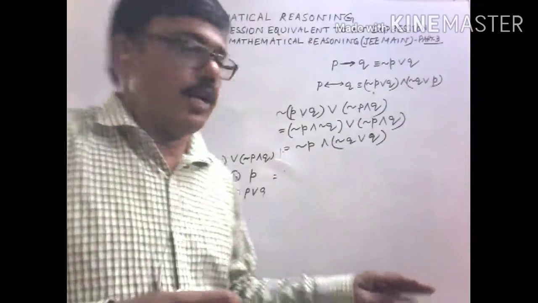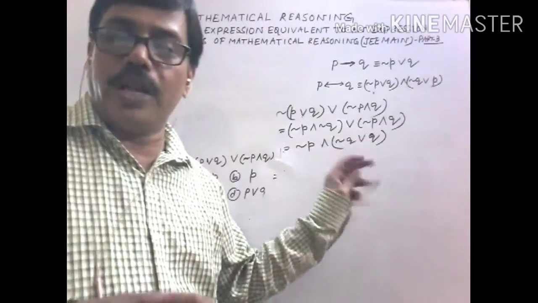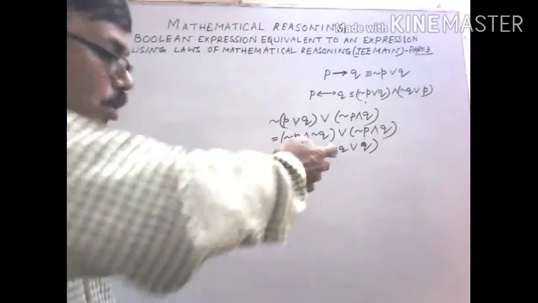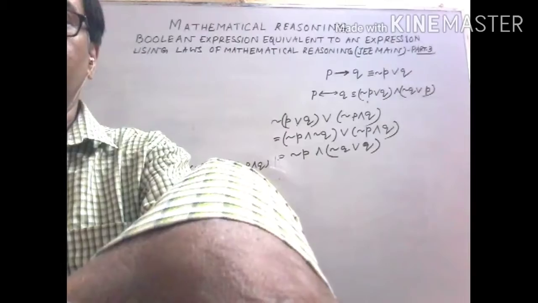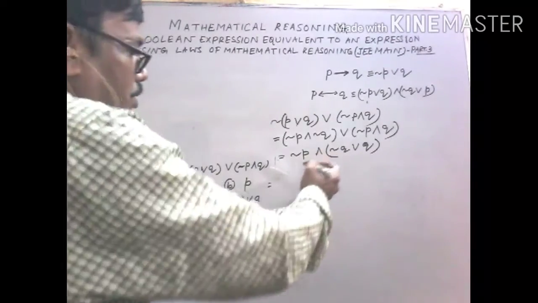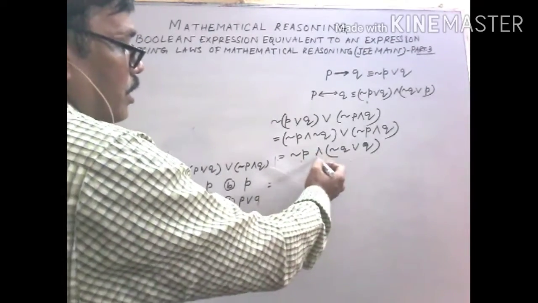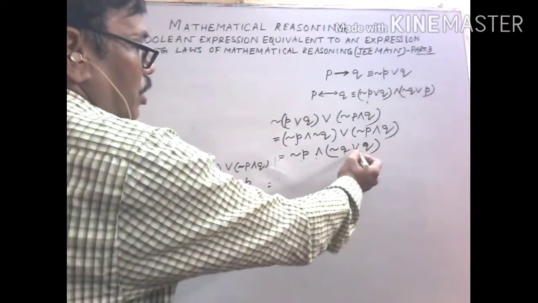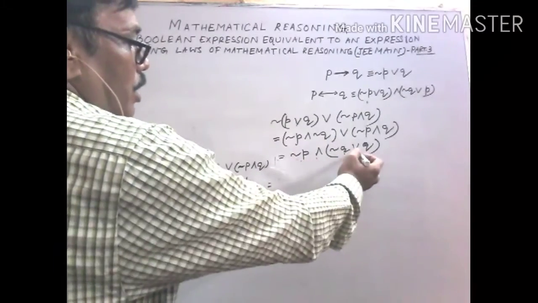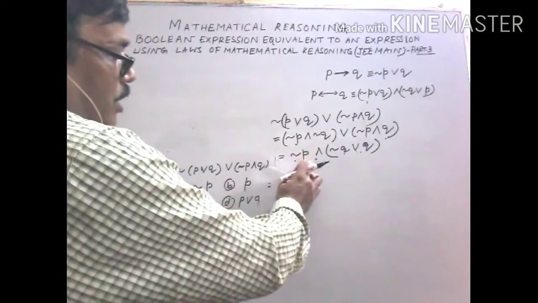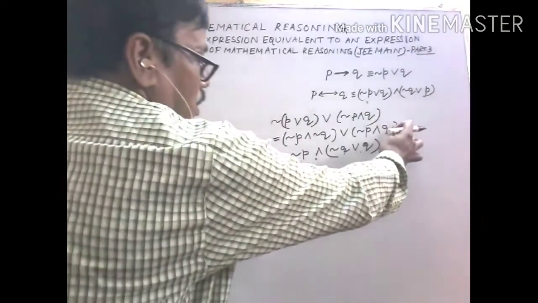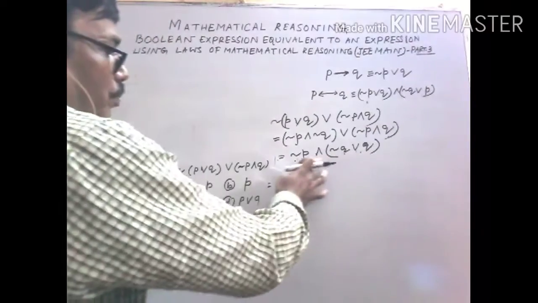So let us verify in reverse direction whether this is true or not. Look, if we simplify this, first one is negation P intersection negation Q, then union negation P intersection Q. If you expand it, we get this. This is expansion form, this is contracted form.